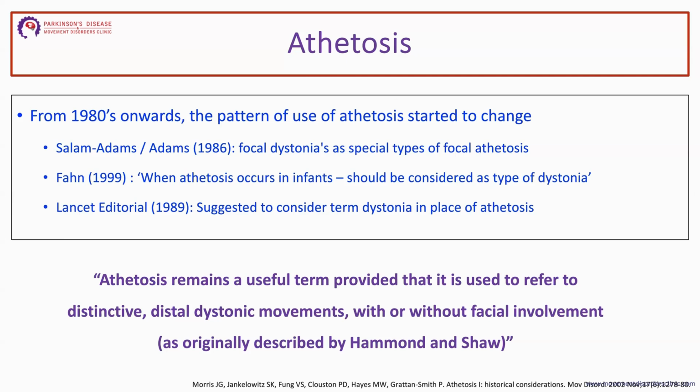Then in 1989, a Lancet editorial suggested considering the term dystonia in place of athetosis. So, in general, athetosis remains a useful term provided that it is used to refer to distinctive distal dystonic movements, with or without facial movements, as originally described by Hammond and Shaw.